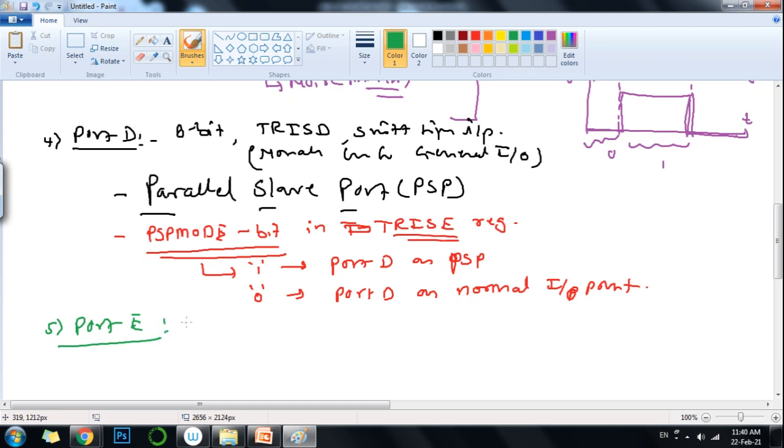Okay. As we know, port E is a 3-bit port. It has a register TRIS-E which can be used to configure that port as input port or output port. This port E is a 3-bit port, but it has Schmitt trigger input facility.